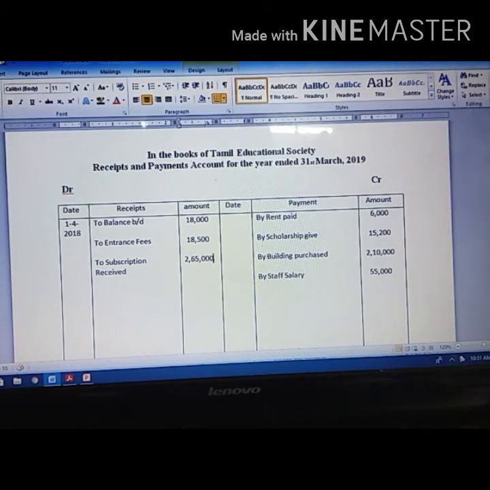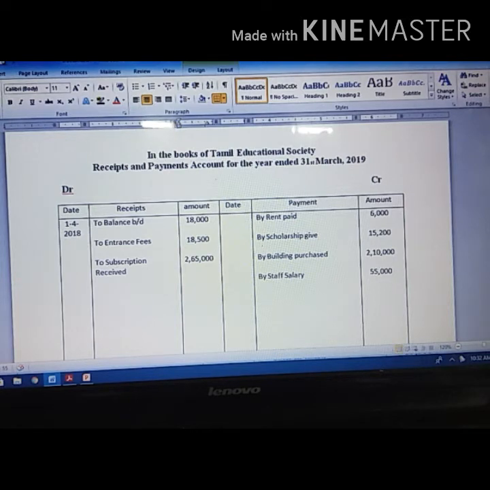So first one is the opening balance. I have to write the opening balance, To balance B/D, on the debit side. Then rent paid. Rent paid is an expense payment, so we have to show this amount on the credit side. Then scholarship given, also a payment, so 15,200 we have to show on the credit side. Then entrance fees received, 18,500, so we have to show this amount on the receipt side.